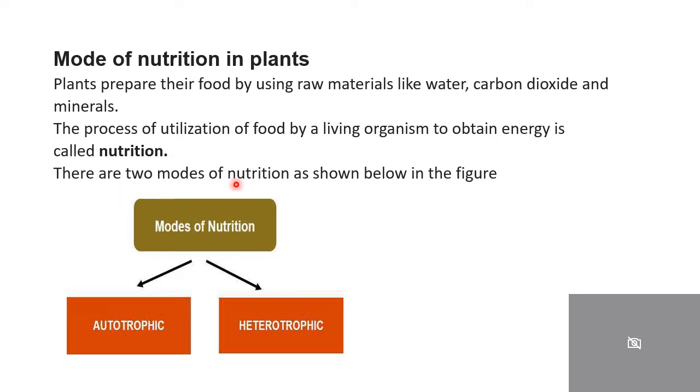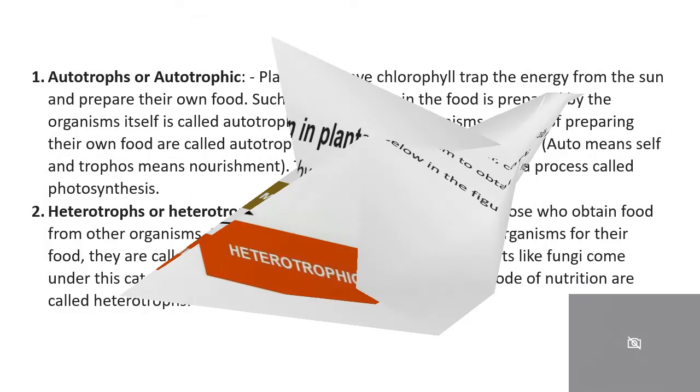Now, below you can see a figure showing the two different modes of nutrition found in plants. What are the two different modes? The first one is autotrophic nutrition, and the second one is the heterotrophic mode of nutrition. We are going to study these one by one next.